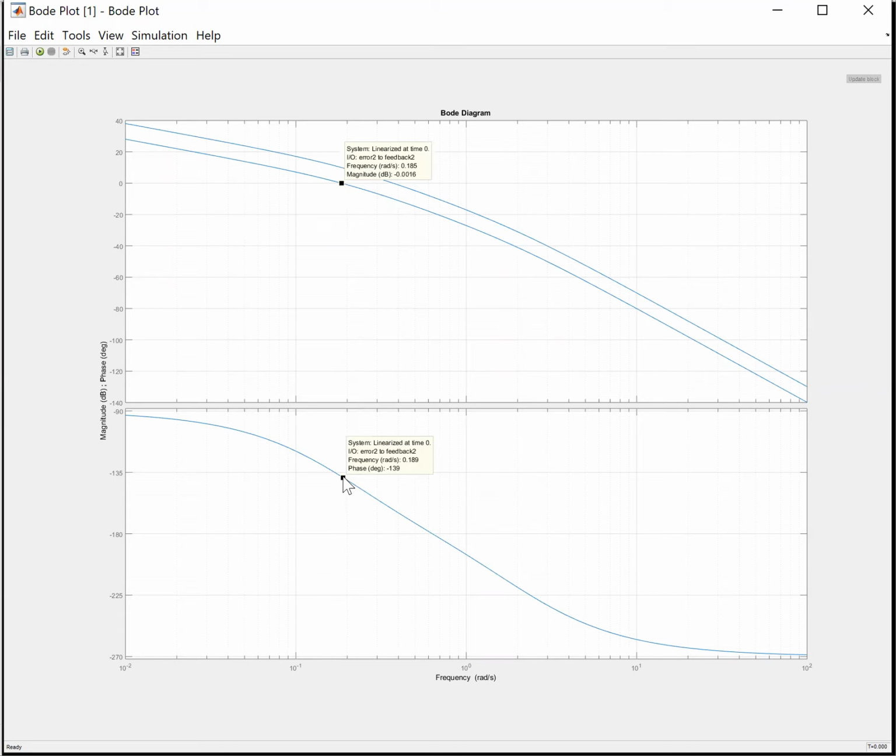Roughly somewhere around there. It says that my phase is minus 139 degrees, and so my phase margin would be 41 degrees at that point, and that is perfect, right? So you have to figure that out and simulate it and show it for Lab 9.